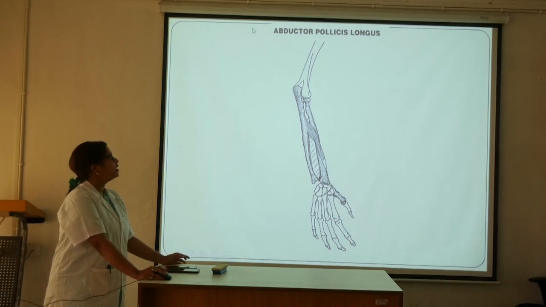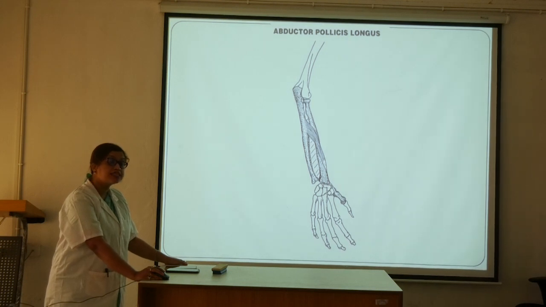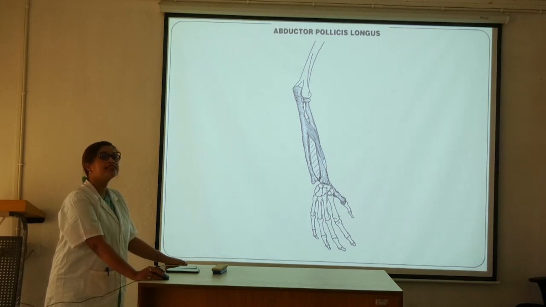Okay, so see, this is the abductor pollicis longus. Where would it originate? You can see it is the lateral surface of ulna, and where would it be inserted? The thumb. Okay, so we have seen which two muscles go together. We saw abductor pollicis longus, extensor pollicis brevis, and extensor pollicis longus with extensor indicis.